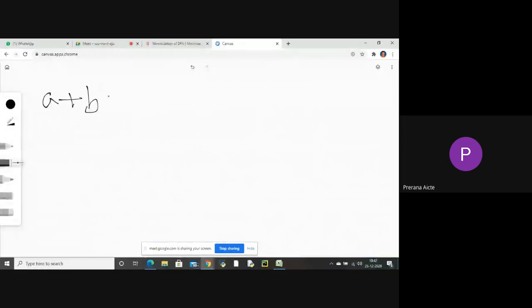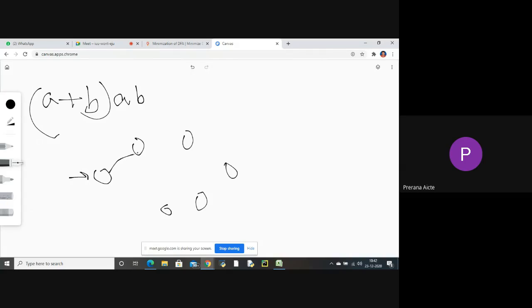So, for example, if the input is A plus B, I need to draw the NFA with epsilon for the given regular expression. For A plus B, we already know the diagram. It contains 6 states with epsilon. Without epsilon we also have one more possibility, which I will draw later.